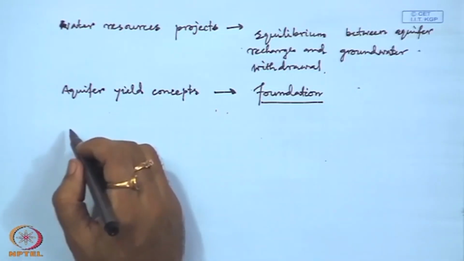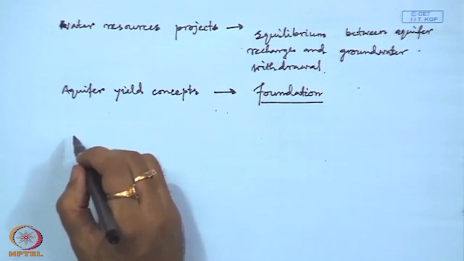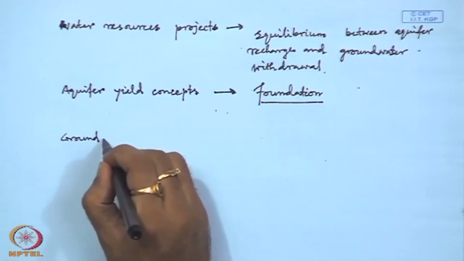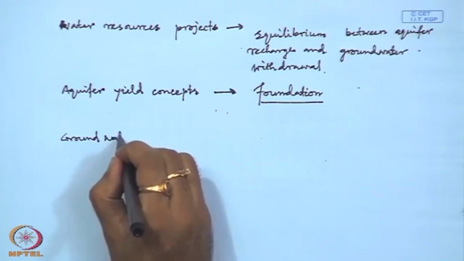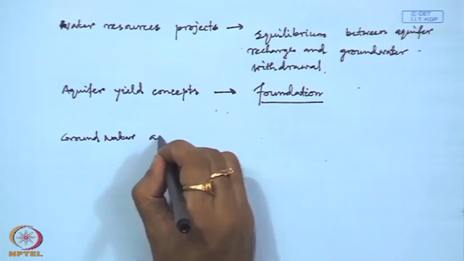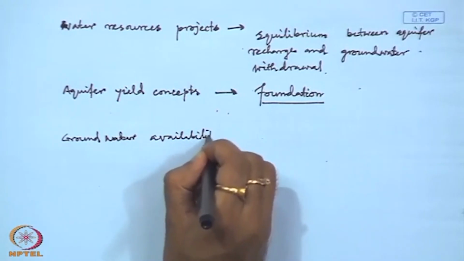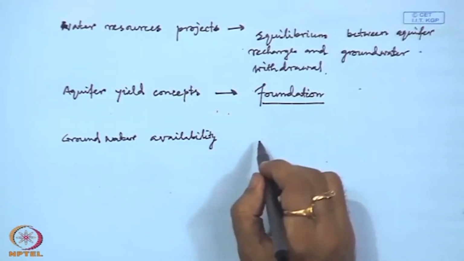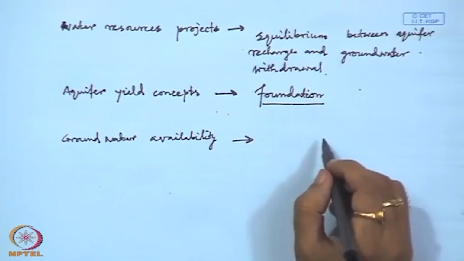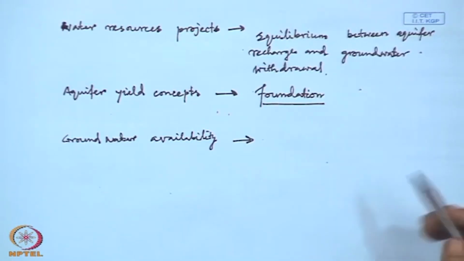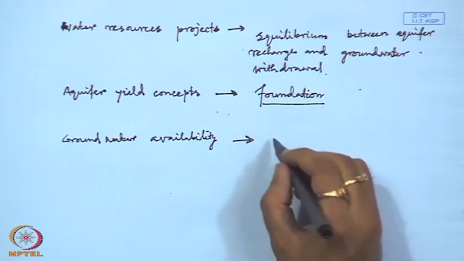And groundwater availability means the amount of water which is available from the aquifer.